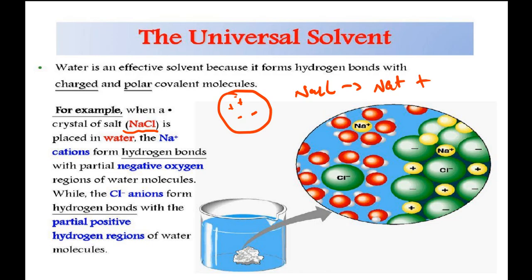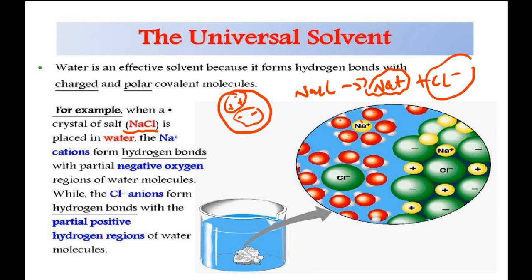The chloride ions will go and be around the positive charges, and the sodium ions will go and be around the negative charges. So there is this kind of interaction that happens.